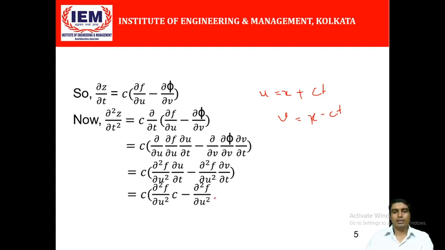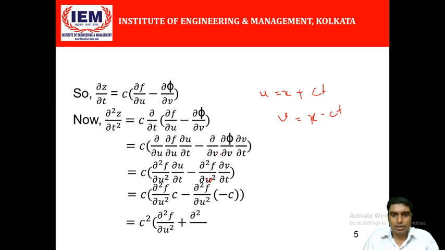So ∂²f/∂u² and negative of c, and ultimately, sorry, there is some mistake. It will be ∂v² because we are differentiating this one with respect to v, and here we'll also get ∂v².